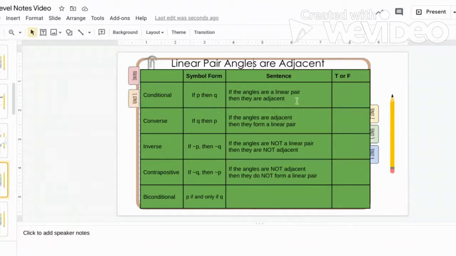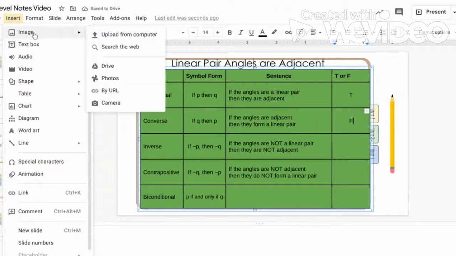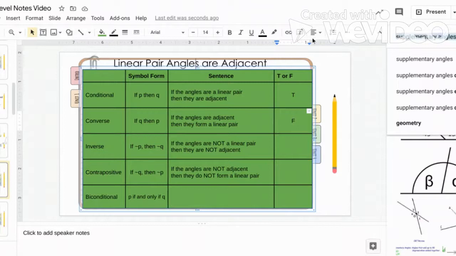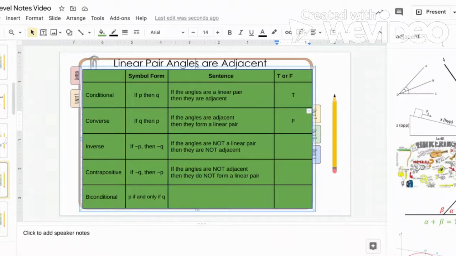If the angles are a linear pair, then they are adjacent. So are all linear pairs adjacent? That is true. If you have a pair of adjacent angles, are they going to be linear? That would be false. Let's go look up a picture. Let's insert an image, let's search the web. Let's look for adjacent. Okay.